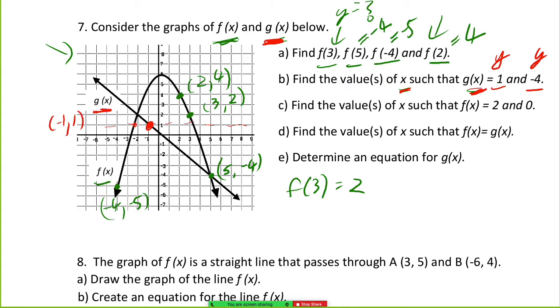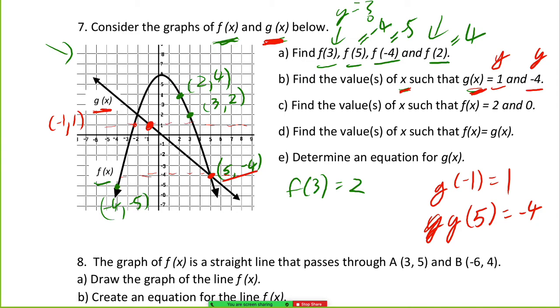So here you would say g at negative 1 is equal to 1. And negative 4, same concept, we go across. Looks like it connects right at that same coordinate, so we'd say g at 5 is equal to negative 4.